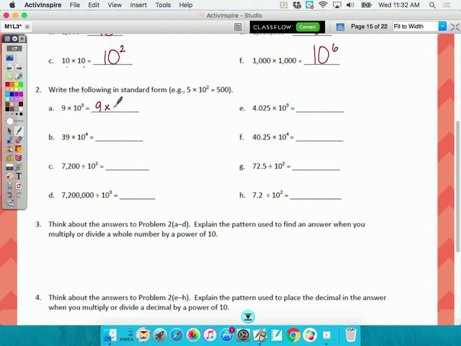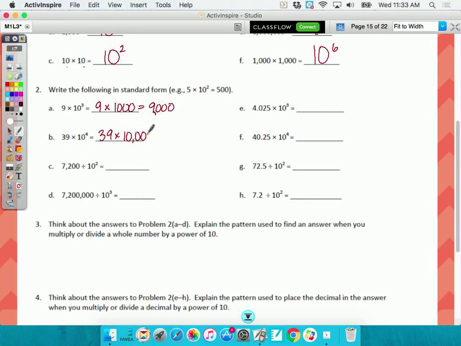Gonna have to be faster. 1,000. So 9 times 1,000 equals what? 9,000. Write it down. Oh, by the way, which trick am I using here? The zeros trick. So 39 times what? 10. 10 to the 4th is 10,000. You guys are getting faster.